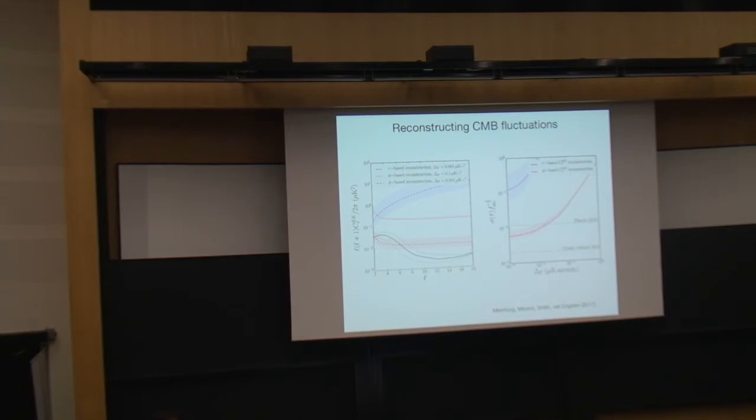And so if you write down the unbiased minimal variance quadratic estimator and you compute the noise of such a reconstruction using all modes above L of 30, this is what you get. So again, I show you the E mode power spectrum, and then there are various noise curves.